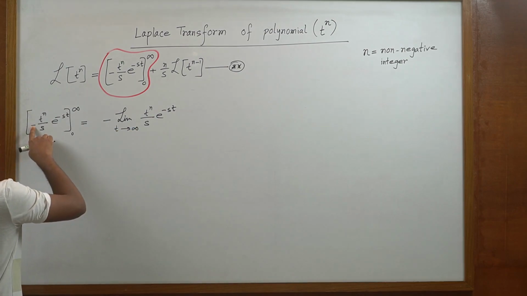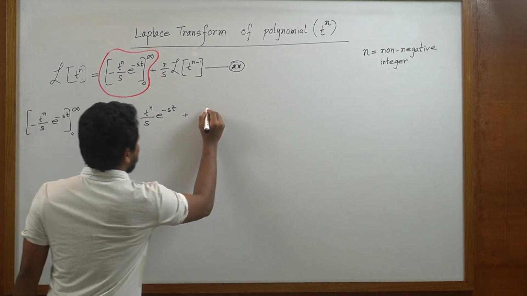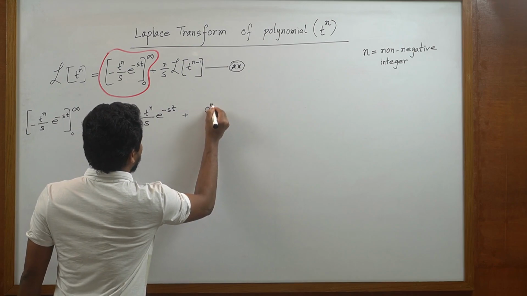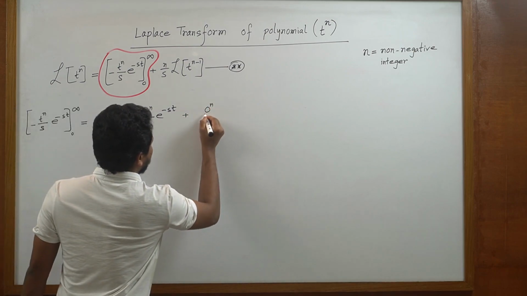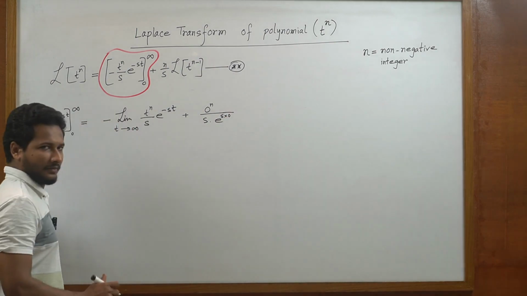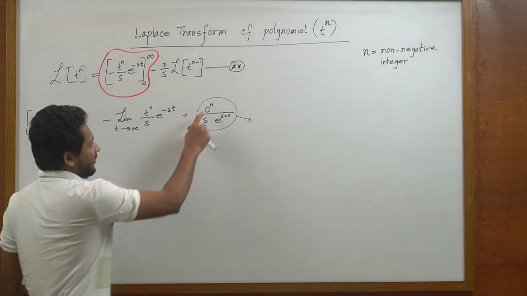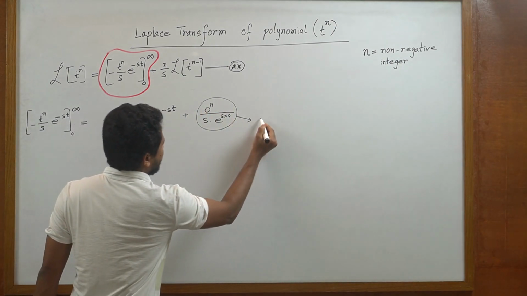Then minus and minus multiply and we will get plus 0 to the power n by s e to the power s into 0. Okay, now this part is 0 by something, so 0.